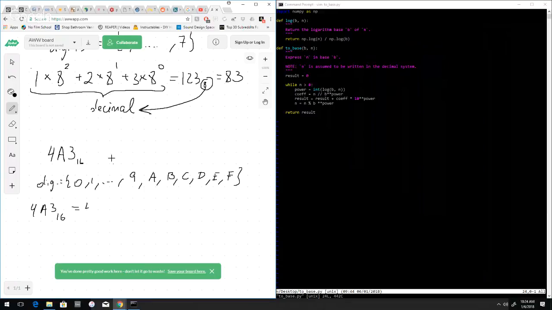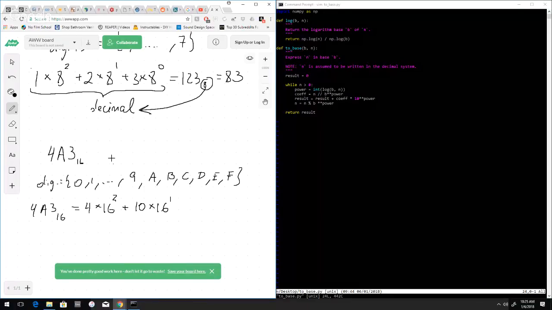So this is going to be 4 times the base to the appropriate power plus A times, but remember, I'm going back to the decimal system. So what is A? Well, A is the 10 here, right? So I can say 10 times 16 to the first power plus 3 times 16 to the 0th power.